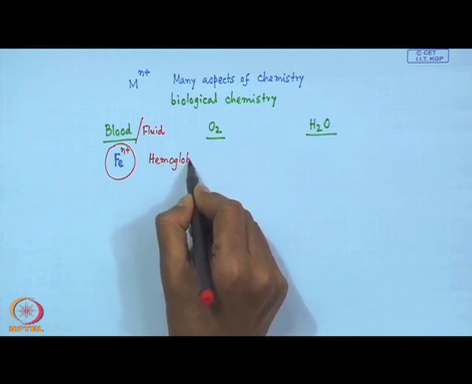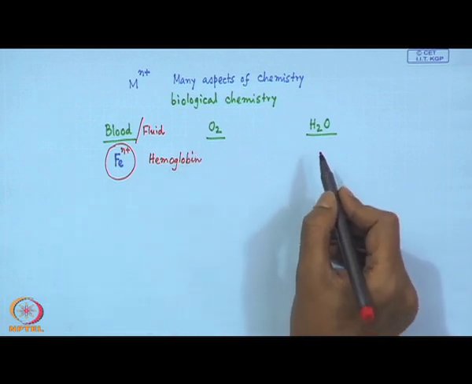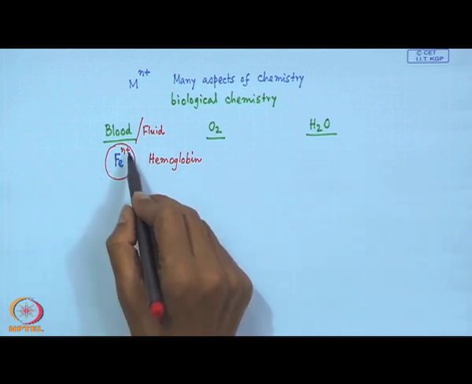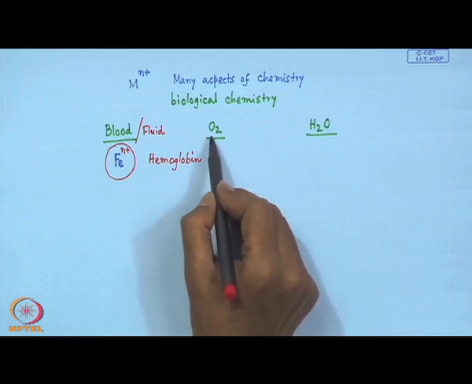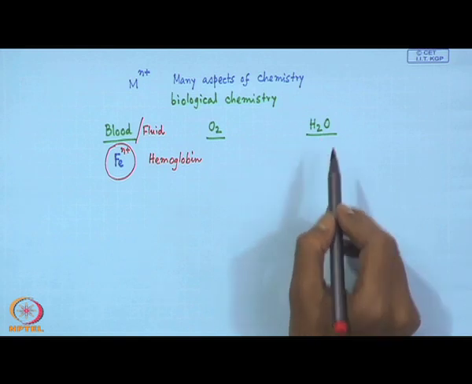So, by knowing this, we can study the corresponding interactions of hemoglobin with the biological fluid, that means the biological environment, as well as interaction with the oxygen molecule and also the interaction with the water molecule.